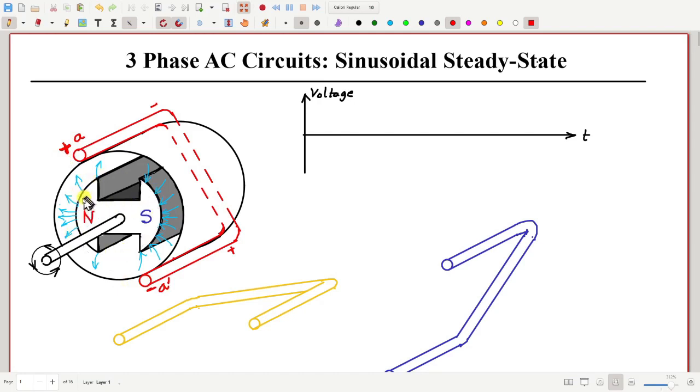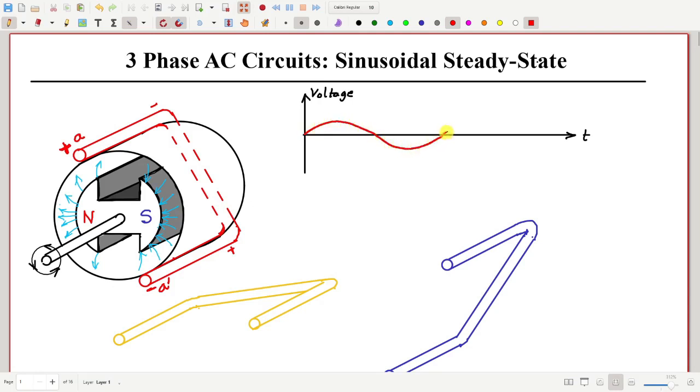The magnet is rotating periodically, so after a while the south pole will come in place of the north pole, and then the polarity of the induced voltage will also change. Therefore the induced voltage will also be periodic in nature. It will oscillate between positive and negative, and it may vary like this.